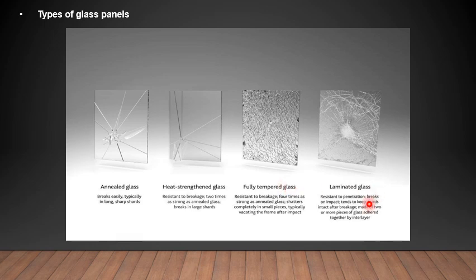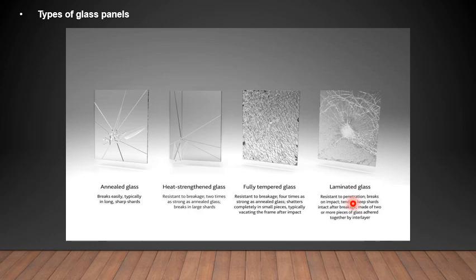Now, laminated glass is about resistance to penetration. It breaks on impact but tends to keep shards intact after breakage. It is made of 2 or more pieces of glass adhered together by an interlayer. It can be laminated using a PVB interlayer, or SGP, or PVDF, or any interlayer available.